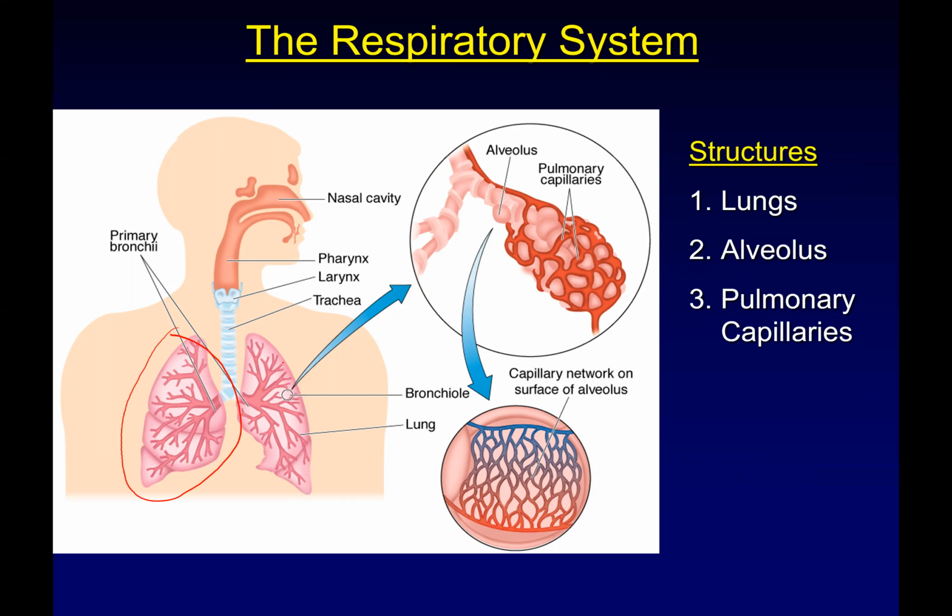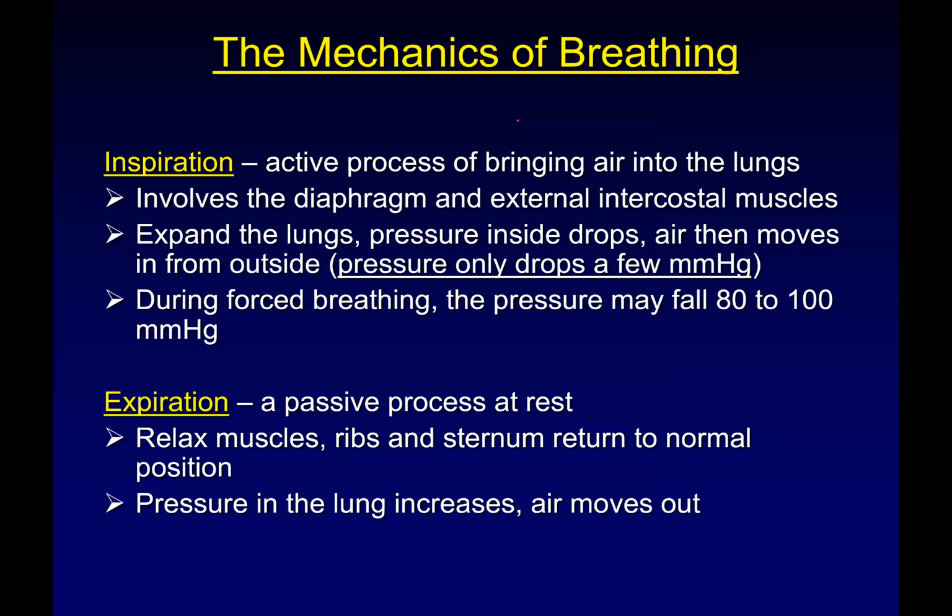And then as we drill down, we have these branching structures in the lungs, and they all end in these little small air sacs called alveoli. Each alveolus is surrounded by a very large network of pulmonary capillaries. And so the alveoli capillary interface is where almost all of the gas exchange is going to occur.